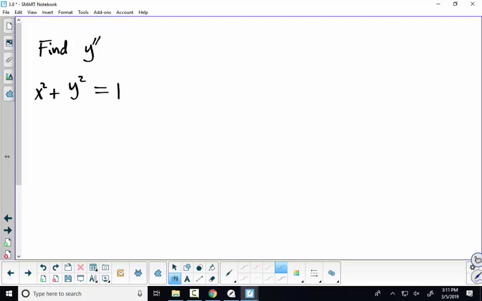So when you find higher order derivatives implicitly, you always go back to the derivative and the relationship given to see if that can help you simplify the higher order derivatives. So we've already shown that the derivative is negative x over y. So then we find the second derivative by taking the derivative of negative x over y.